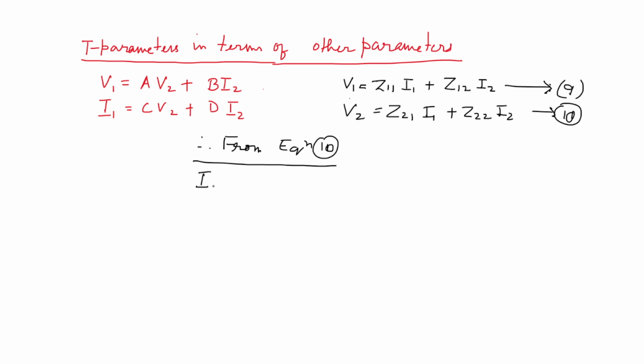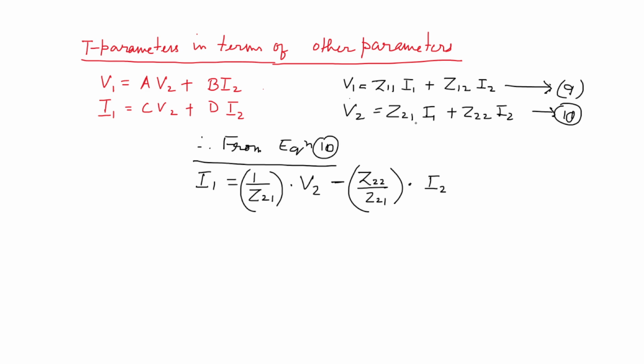I1 is equal to 1 by Z21 into V2 minus Z22 by Z21 into I2.